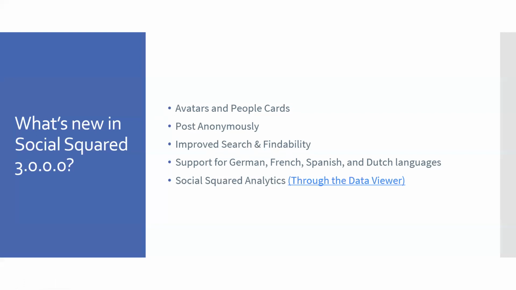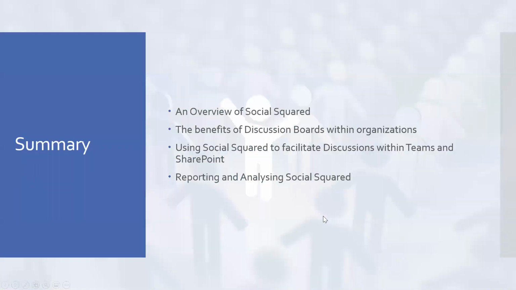So if you do set your regional settings for a particular site or for a user to German, let's say, then you're going to see Social Squared obviously not render the content in German, but it's going to render the user interface of Social Squared into German for you. And finally, we've got the Social Squared analytics, which is driven through the data viewer. So those are the new features that we've pushed out.